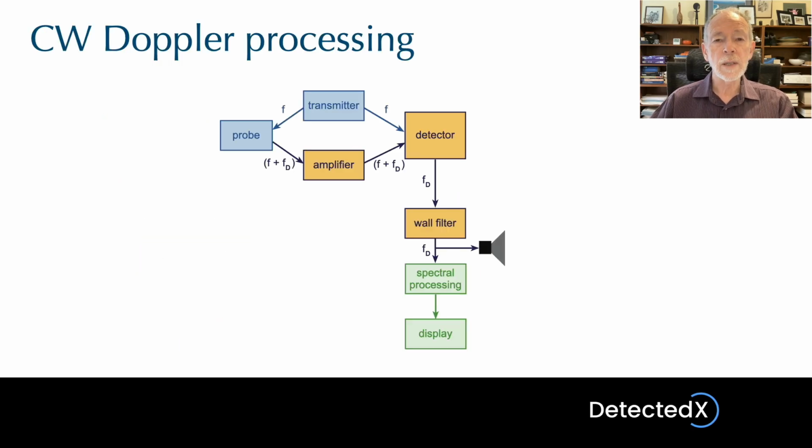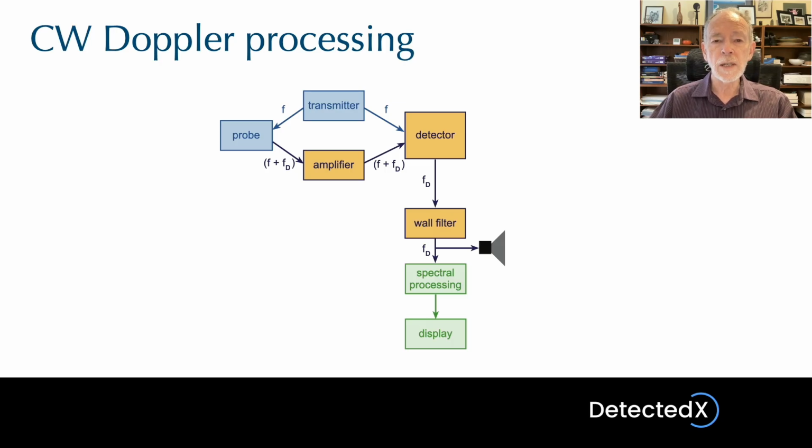This diagram is intended to give you an idea of the way the CW Doppler processes the echo signals. So in the top left, we have the transmitter sending a frequency F to the transmitting transducer. The Doppler shifted echoes, and I'm showing that as F plus FD, where FD is the Doppler shift, are very weak, so they're amplified, and then that amplified echo signal, still with the same frequency, F plus FD, is fed into a circuit called a detector.